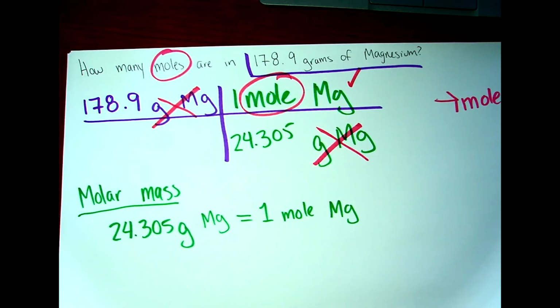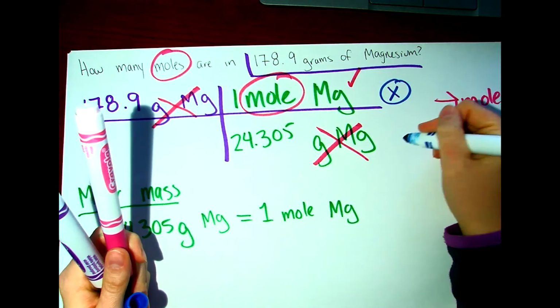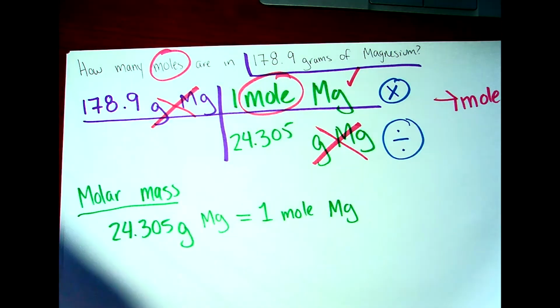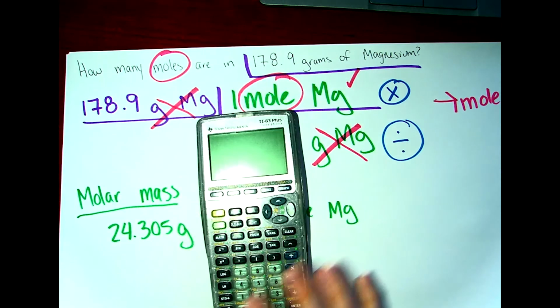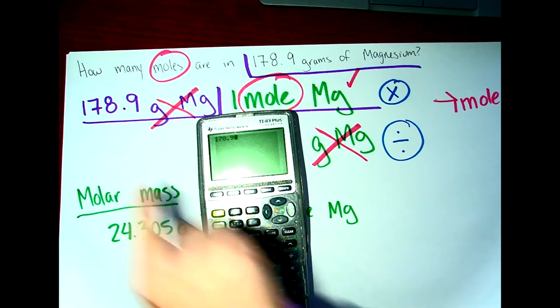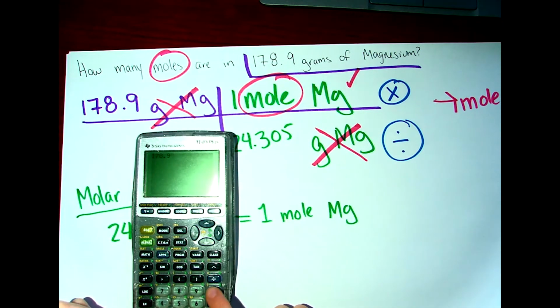All right, so now we're ready to solve our problem. As we solve these problems, we know we're going to have to multiply by anything on the top and divide by anything on the bottom. So I'll go ahead and grab my calculator. I've got 178.9. I don't need to multiply by the 1 because anything times itself is itself.